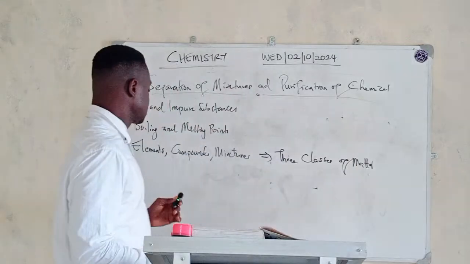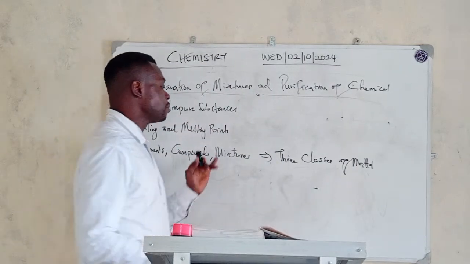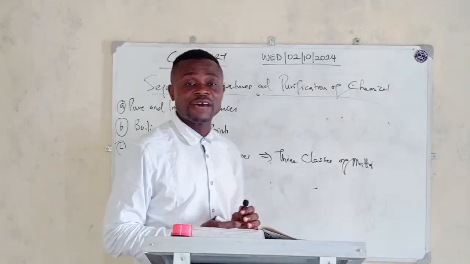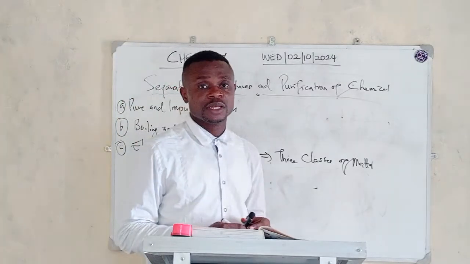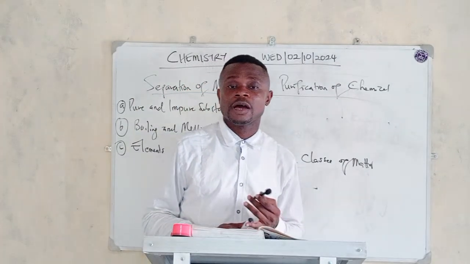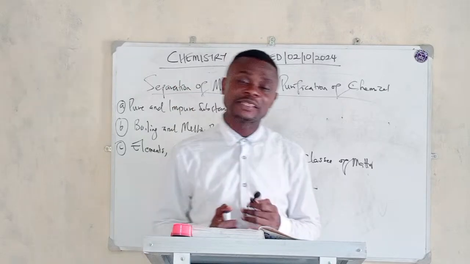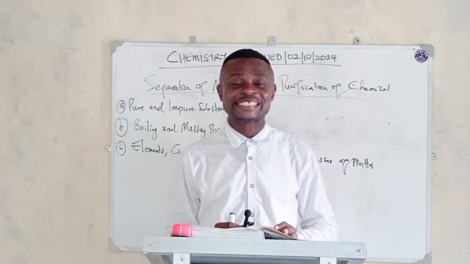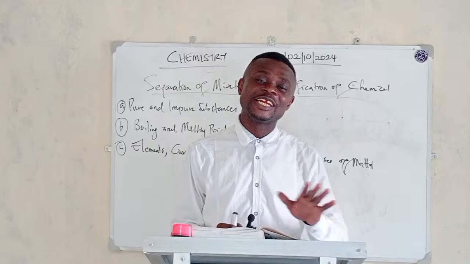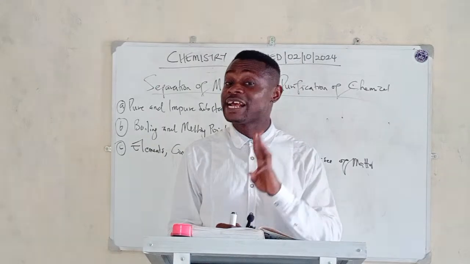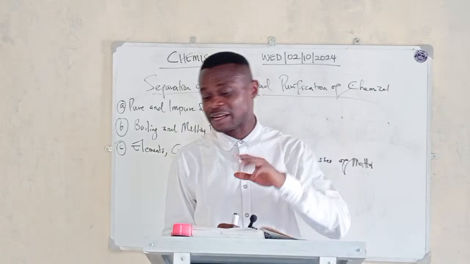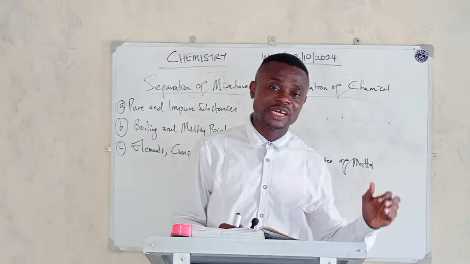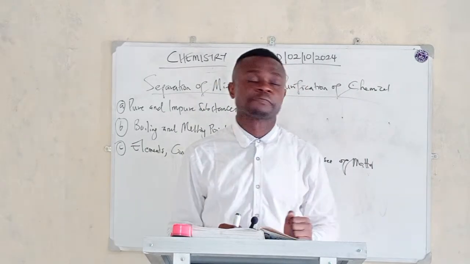Matter. Matter is classified into three: elements, compounds, mixtures. We have three classes of matter. We have three states of matter: solid, liquid, and gas. Actually, there are four, with plasma, but we limit ourselves to solid, liquid, and gas.